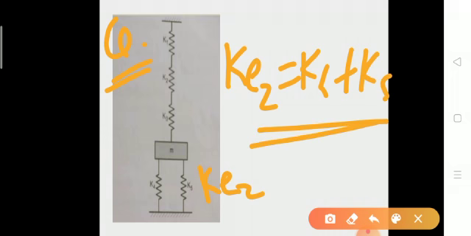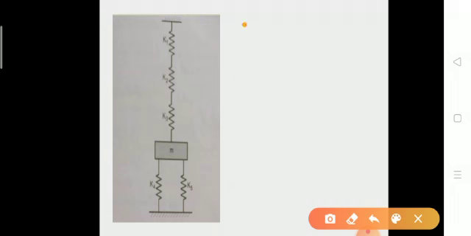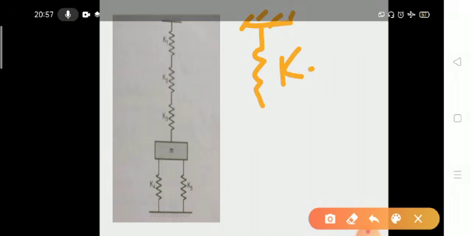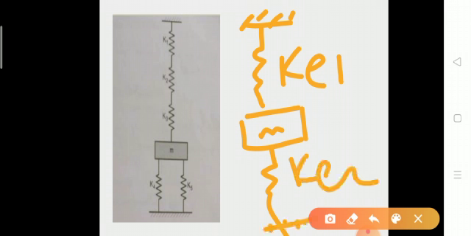So in this way, what will be your final diagram? This is the fixed support, this is your ke1, this is the mass, and this is your ke2. So you will get this kind of diagram. What will you conclude from this diagram? Just focus on the mass m.